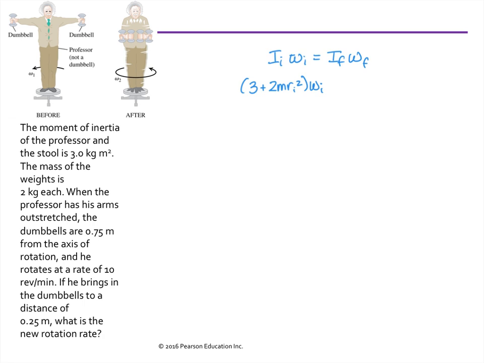And then, so this is the total moment of inertia of the professor and the masses. That's how we're writing it. Each mass has a moment of inertia of just mr squared, because they are treated like point masses. And then what happens is the moment of inertia when he pulls the masses in is only changed because the radius is different.